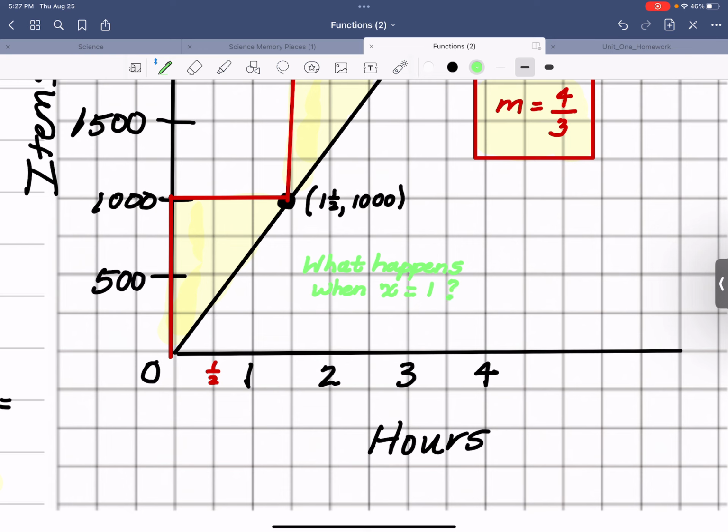So at 1 hour, let's guesstimate where we are on this graph. At 1 hour, we're past 500, but we're not to 1,000. So we're not even to 750. We're at about right there. What is that? Maybe 700, 675, somewhere in there. I'm going to estimate about 675.